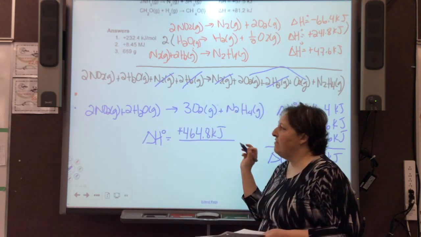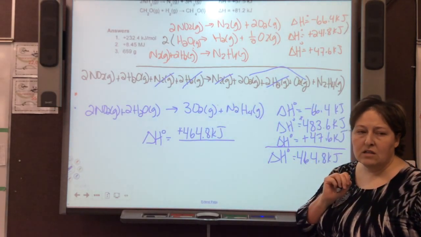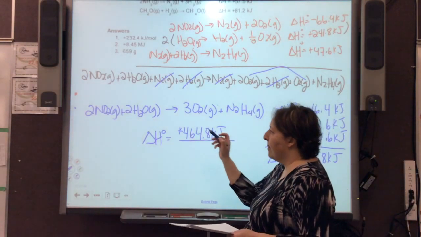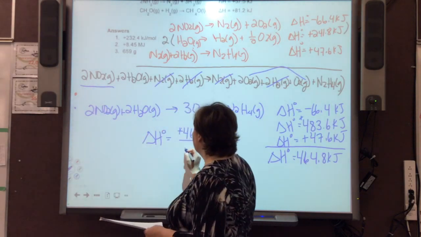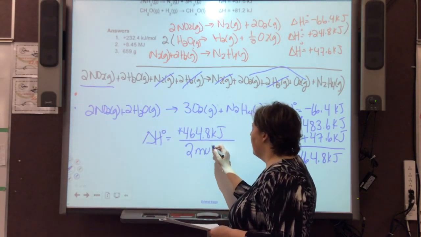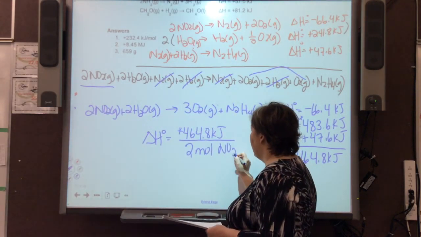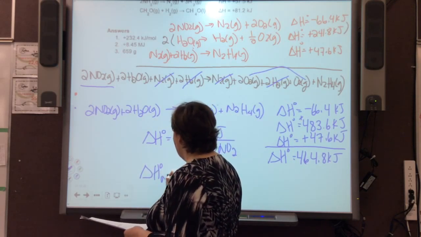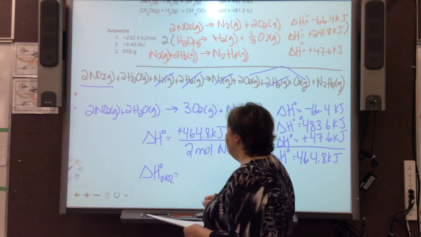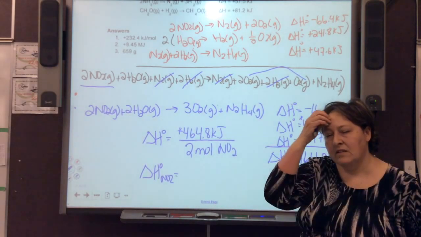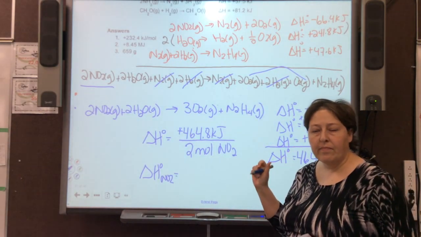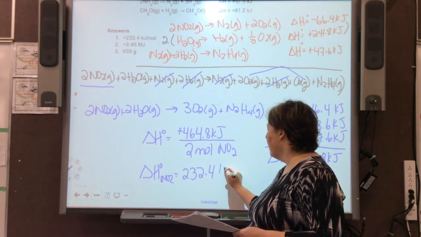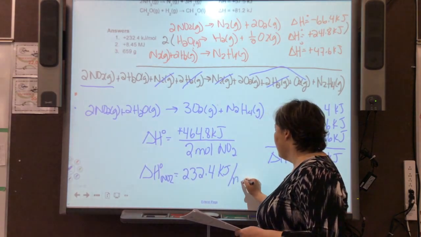How many moles of NO2 are in this reaction, the balanced one? 464.8 divided by 2 is 232.